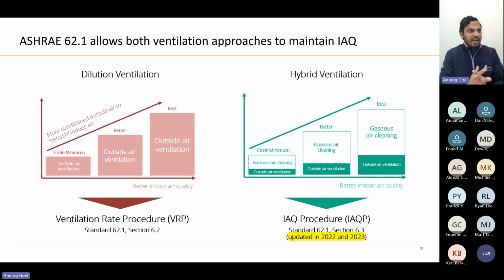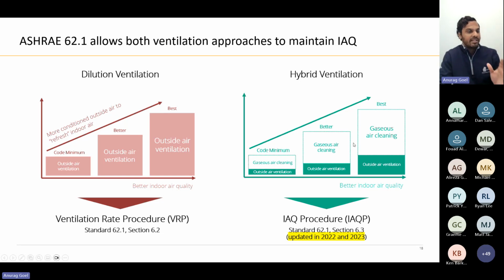So, kind of a side-by-side graphical comparison. On the left here, you see the VRP requires using brute force, I like to say, of outdoor air to control indoor air quality. The more force we put in, the more outdoor air we bring in. Theoretically, the better indoor air quality you have. Alternatively, the IAQP allows you to be more conservative with how much outdoor air you bring in because you're leveraging indoor air cleaning in the ventilation system.